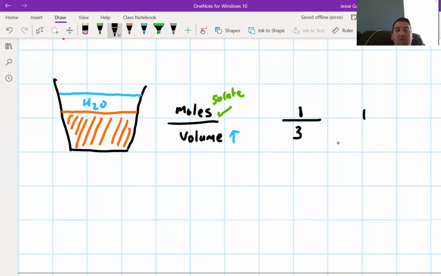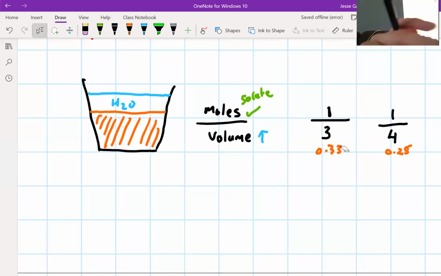However, we've now made the volume of the solution increase, say, up to 4. If we think about the decimal numbers for these fractions, 1/3 is 0.33 and 1/4 is 0.25. So we see that by increasing the number in the denominator, we have decreased the size of the fraction, or in other words, we have decreased the concentration of the solution.